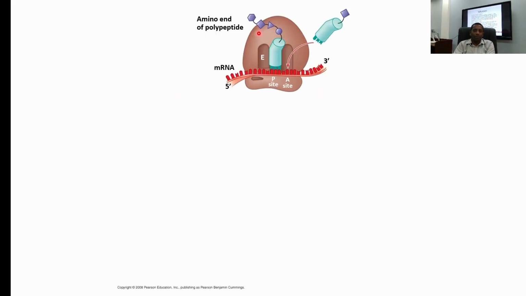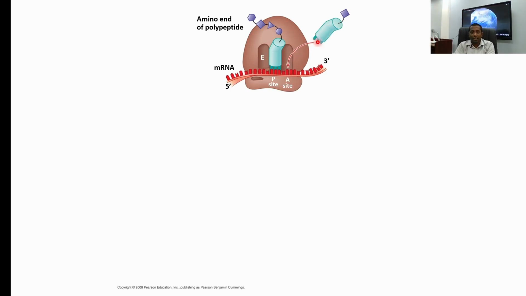Right. So here we have a growing polypeptide chain. You can see here a tRNA molecule bringing in another amino acid.